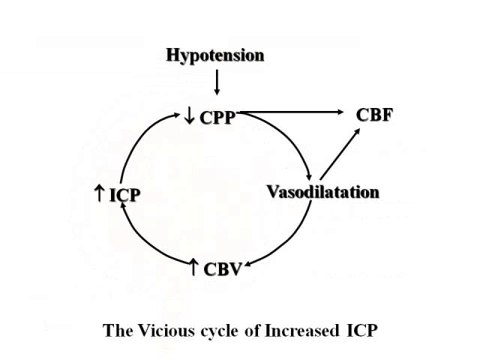This diagram shows the vicious cycle of increased intracranial pressure, where hypotension leads to decreased cerebral perfusion pressure because of decreased cerebral blood flow, and that results in vasodilatation to increase cerebral blood flow, but that increases intracranial pressure, and we go back to square one.